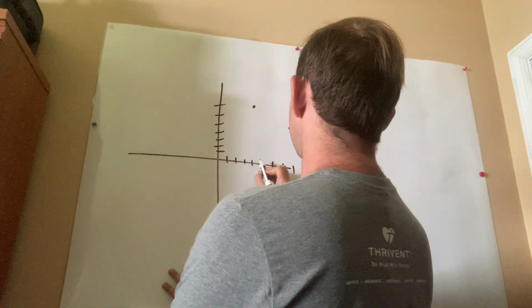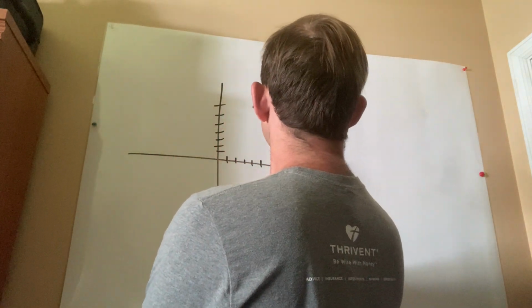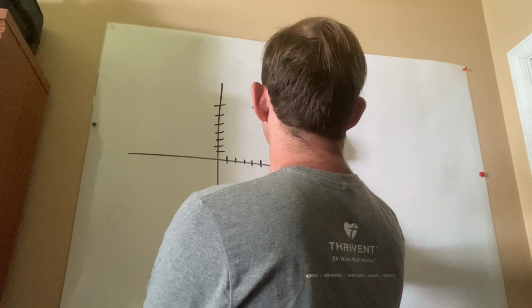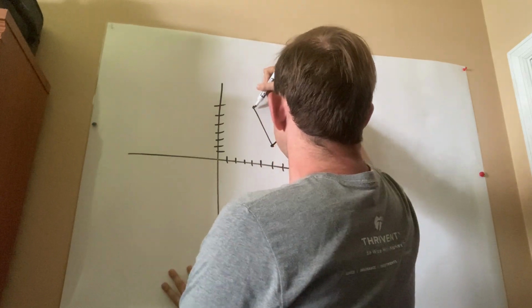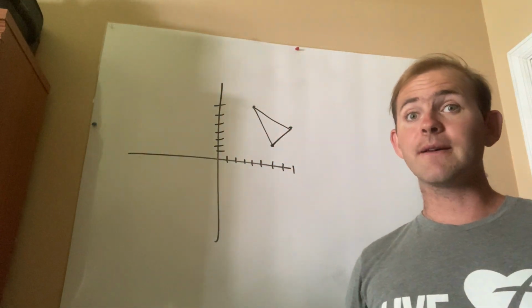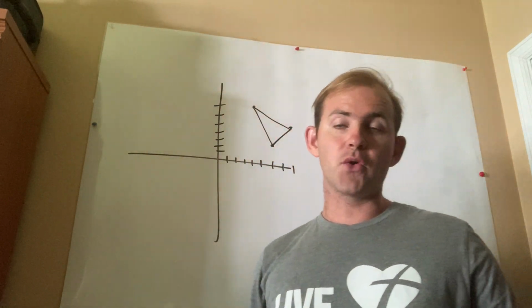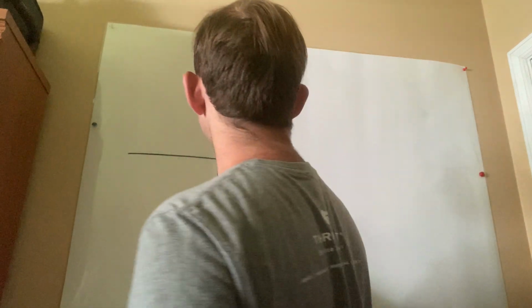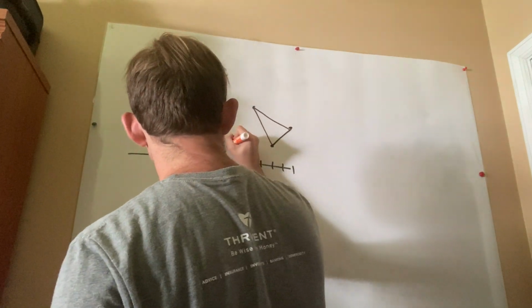And then we've got 6, comma 3. Okay, so I've graphed my triangle, and what I'm also going to do is graph my center of rotation. And in this case, my center of rotation is 1, comma 2. So I'm going to write that right here.